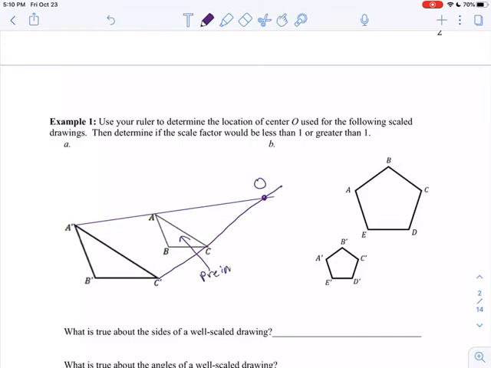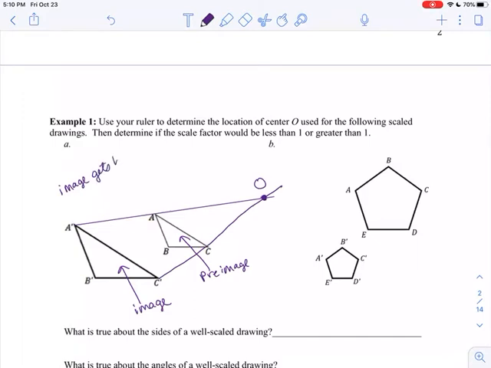That line didn't come out as straight, sorry about that. This right here is the point that I dilated it from. So this would be point O. Again, this is my original, so this right here is called my pre-image. And this right here is my image. It moved further away. If it gets bigger, is my scale factor less than 1 or greater than 1?